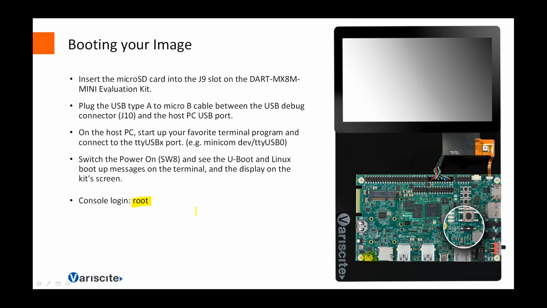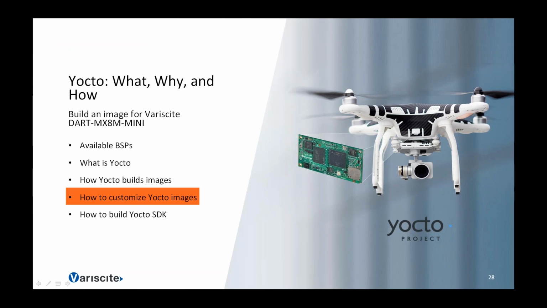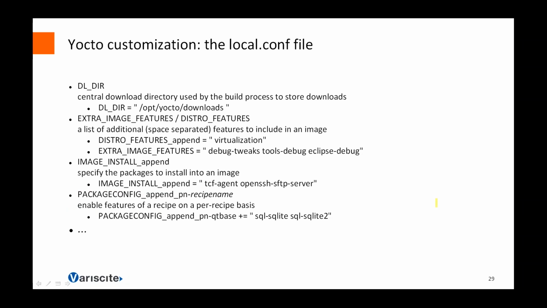This is the standard part, but generally speaking, this is not that useful if you're not going to write your own application, because you don't have any specific application here. So what is very important is to customize the image, allowing you to do whatever you specifically want for your project. How can this happen? The easiest way to customize your build is to deal with the local.conf file. If you remember in slide, so let me check.